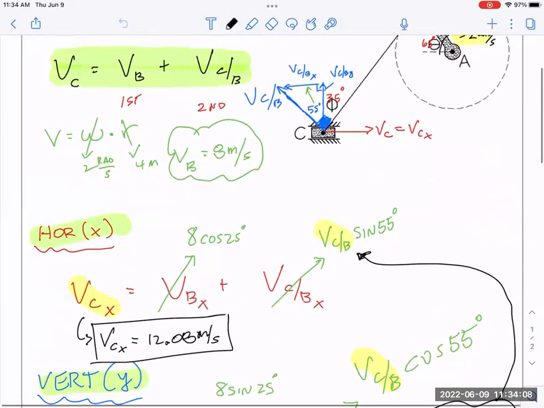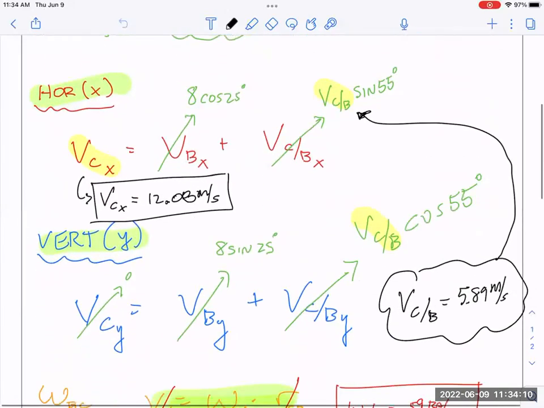And then we had to write an equation in terms of X and in terms of Y. In my case, I wrote an equation in X and it had two unknowns in it. And then we switched to the equation in Y and realized, oh, it only has one unknown. And we found this velocity, and then we were able to plug it back into the original one. We had a lot of work to do to get 12.08, is kind of my thought, my concept here.